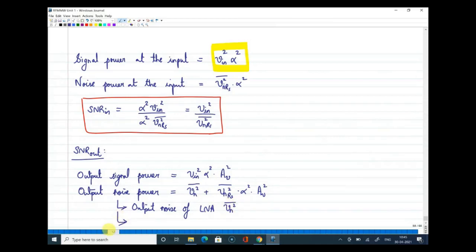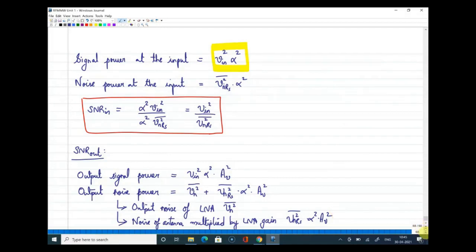The second term is the noise of the antenna, which is already marked as Vn Rs square into alpha square, multiplied by the LNA gain. So that is the second component, Vn Rs square into alpha square into Av square. I hope this is clear.